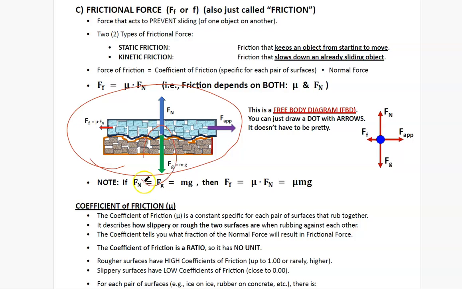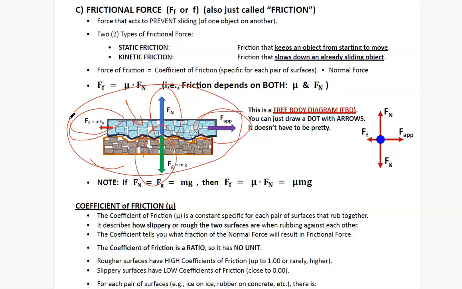We have a weight force, so we're talking about the forces on the top object here. We have its weight, so Earth is pulling it down. We have the normal force. This is the bottom surface pushing back up on the top surface.